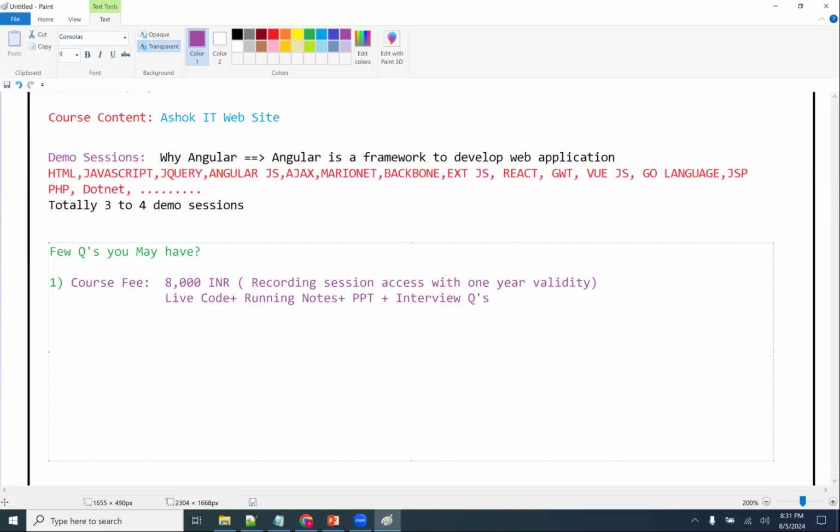Right? Next. Will you offer a job guarantee? That's what I mentioned here. 95% assurance we are going to provide, but conditions apply. What are the conditions I mentioned?